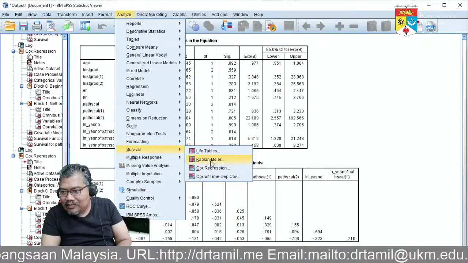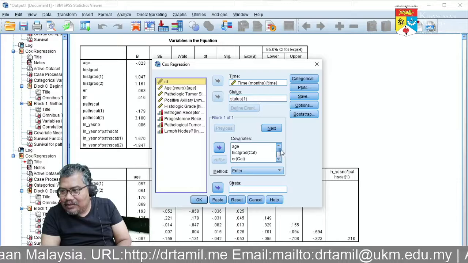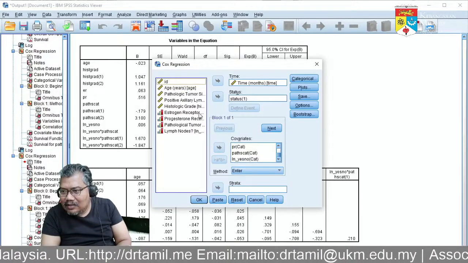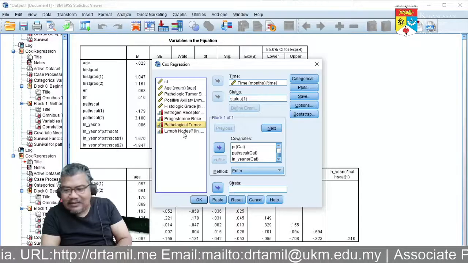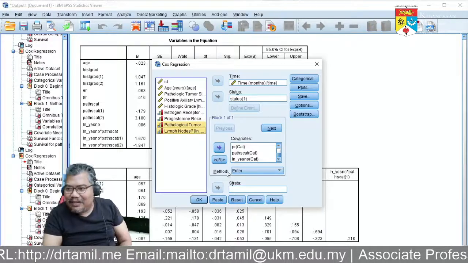So you can see now, suddenly the picture changes. Cox Regression. What happened was, the pathological tumor size and the lymph node, I highlight both at the same time.